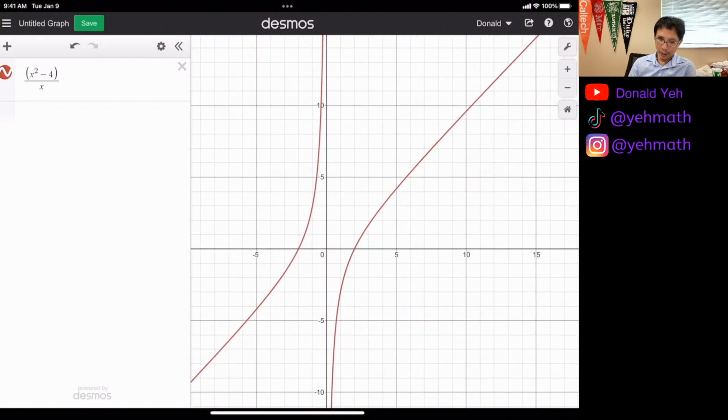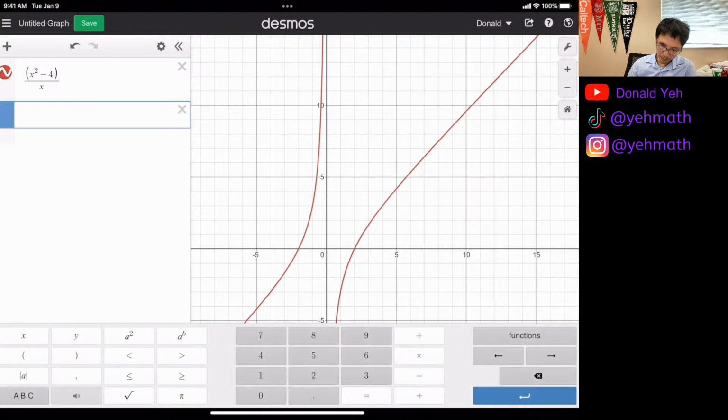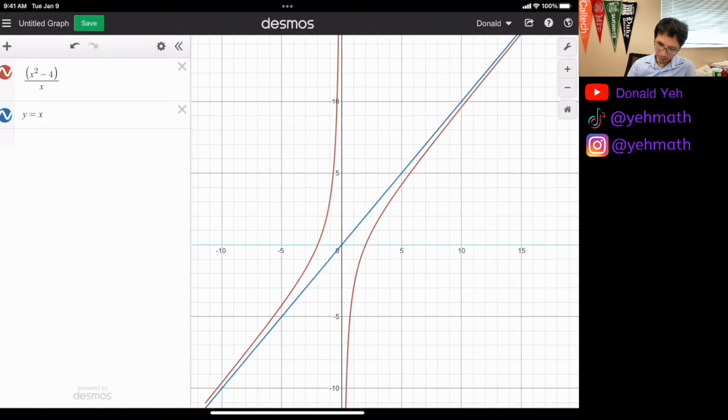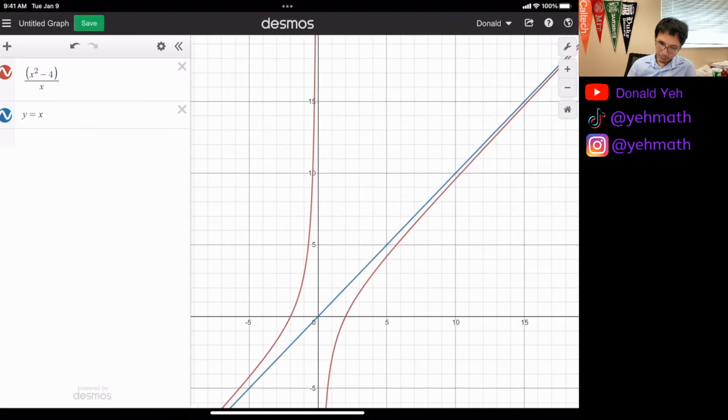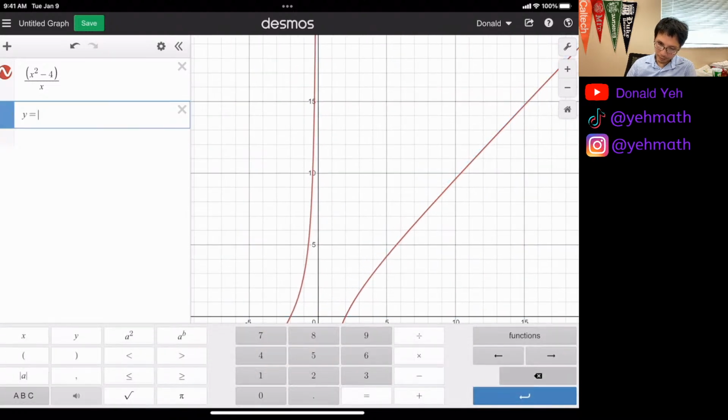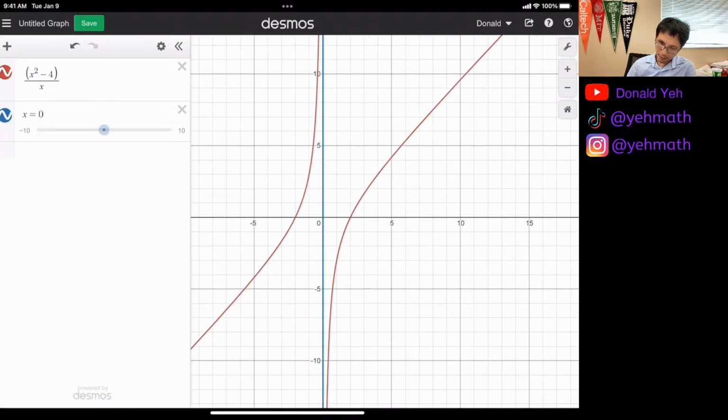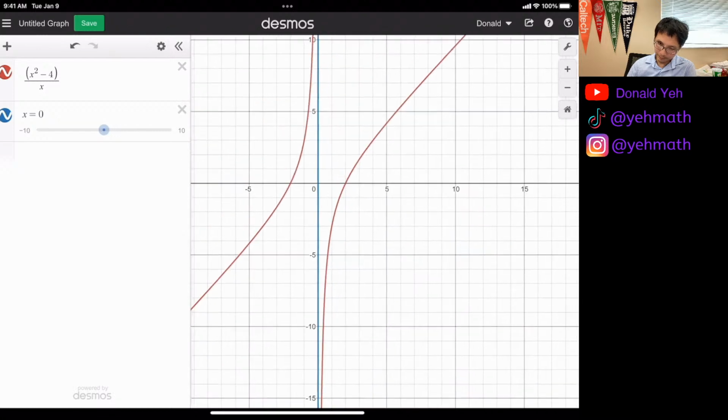One asymptote is linear, called a slant asymptote, I believe y equals x. The other asymptote is x equals 0 in this case, a line the graph never touches.